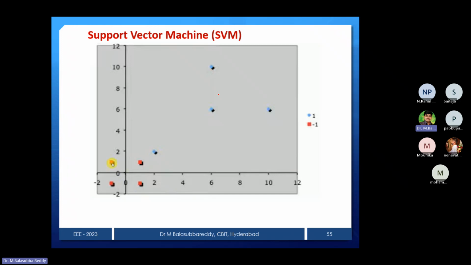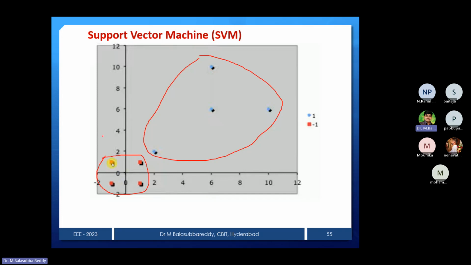But now, by making use of the nonlinear support vector machine, we can see that one portion is blue and the other portion is red.